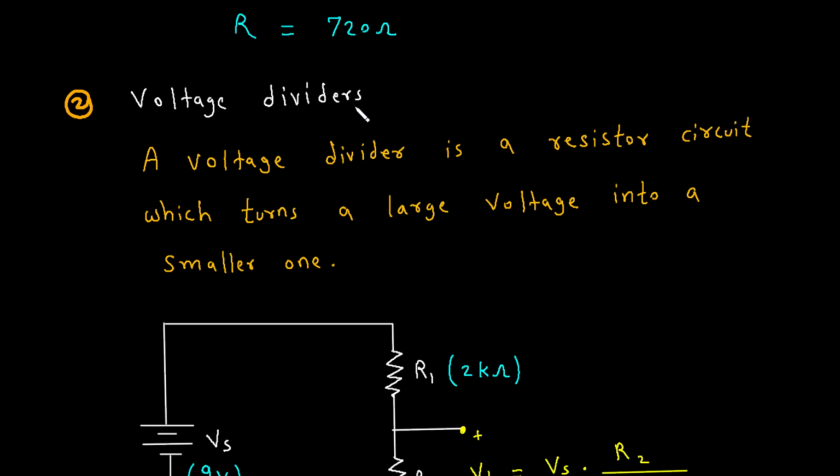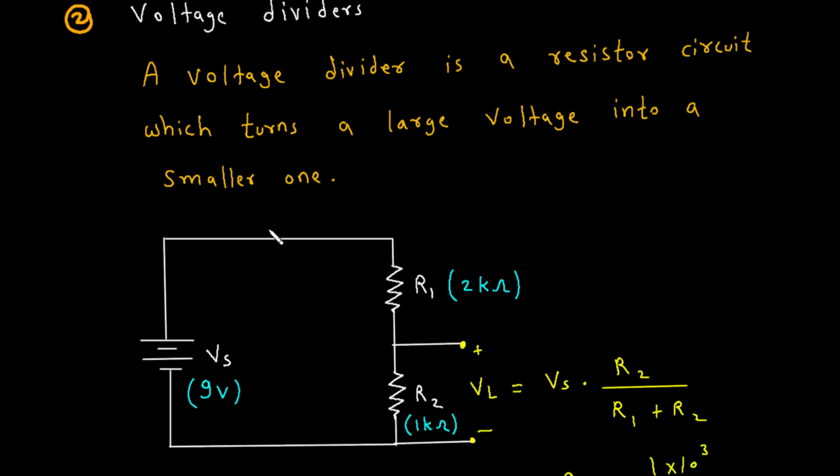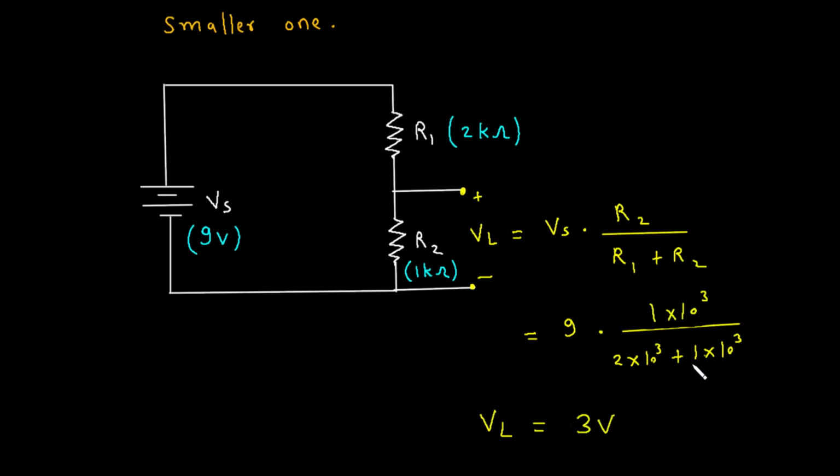Then the second application of a resistor is as a voltage divider. A voltage divider is a resistor circuit which turns a large voltage into a smaller one. Suppose we want a smaller voltage from a large voltage. We have a voltage source of 9 volt or a battery of 9 volt, but we need only 3 volt. So what we will do? We will add 2 resistors in series, one resistor of 2 kilo ohm and one resistor of 1 kilo ohm.